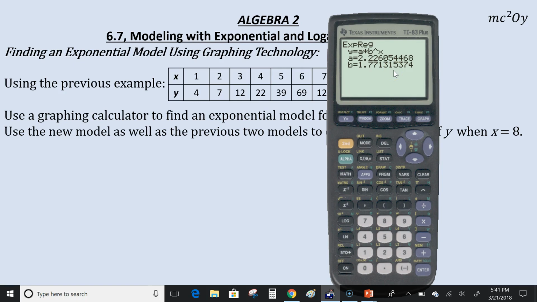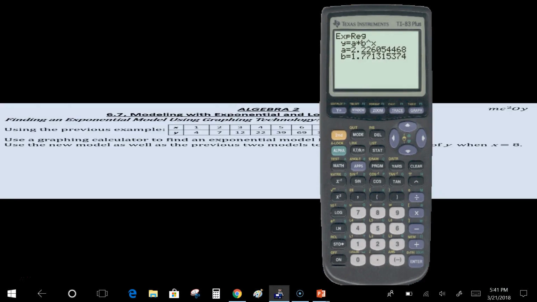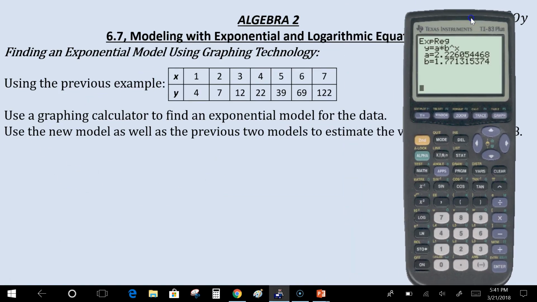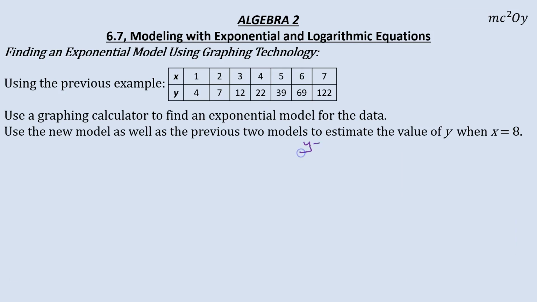Okay? And so knowing that, let's see if I can switch my computer around so I can write on the screen. Sorry about that. Don't mean to make everyone sick looking at that. There we go. Okay. And so really, in the form here, we have y equals 2.23 times 1.77 to the power of x.